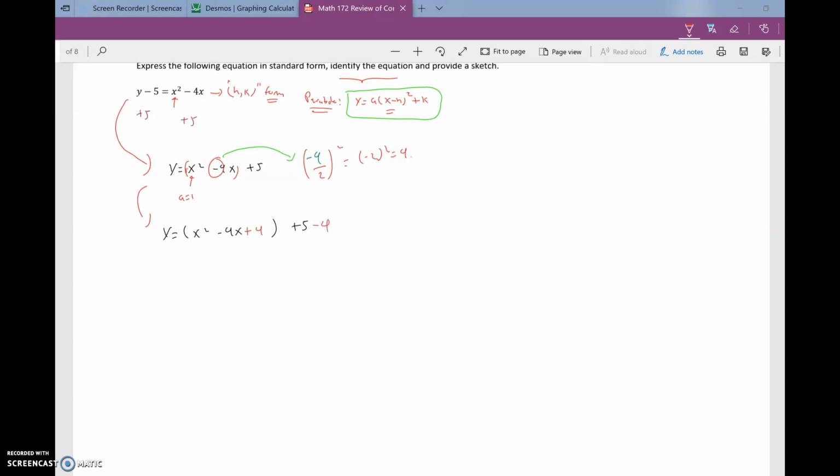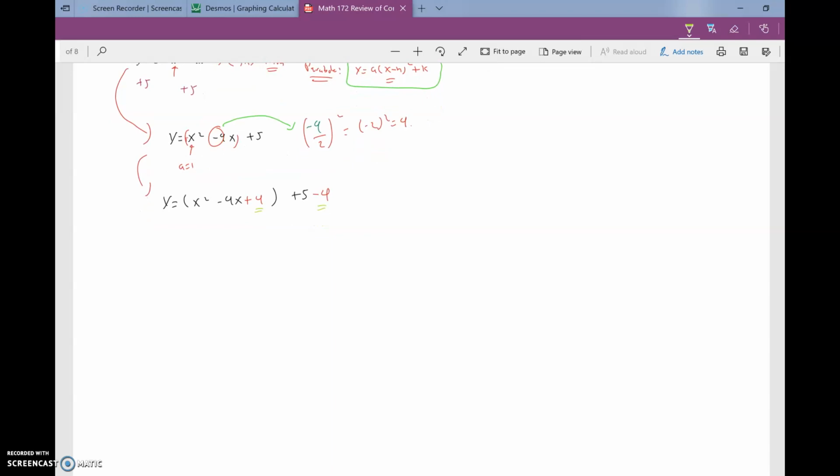If you were to just add a 4, that means that you're putting the parabola at a different position. So therefore, you're going to have to do an adjustment. If you end up adding, you end up subtracting, and the parabola is still in the same position. So at this point, we're looking at y is equal to x squared minus 4x plus 4, and technically plus 1.